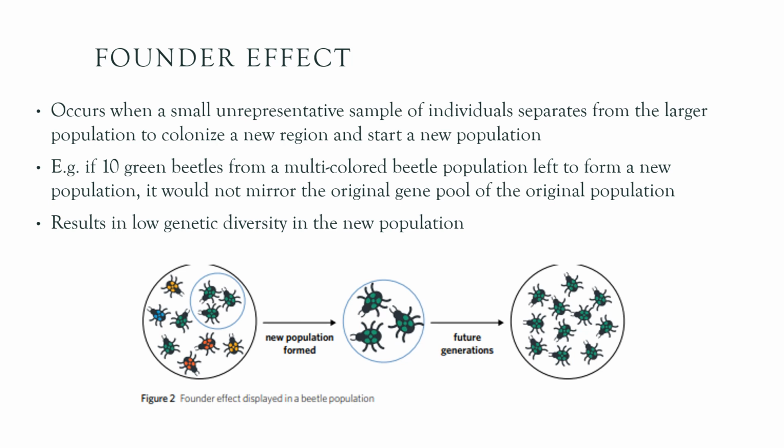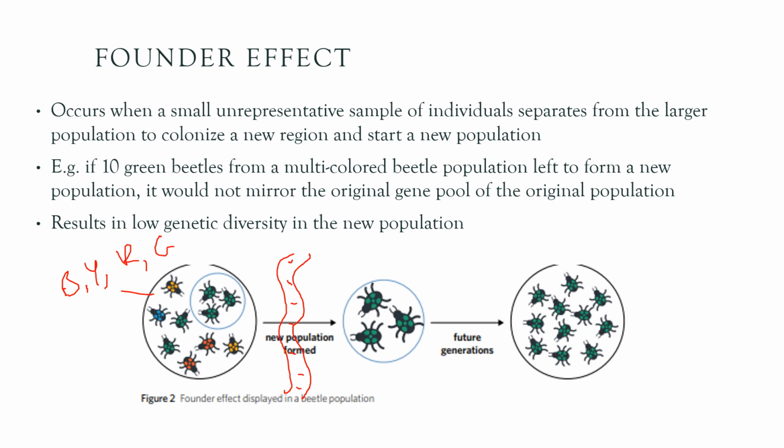So let's say we've got this beautiful colony of beetles. Again, you can see that there are blue alleles, yellow alleles, red alleles, green alleles, a large diversity of alleles in this population. And then all of a sudden, for whatever reason, a big river forms right in the middle of where their beetle population lives.